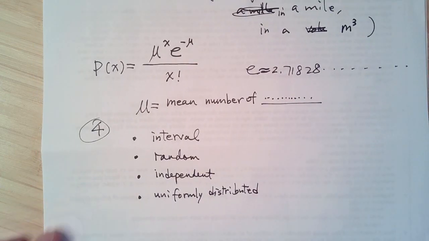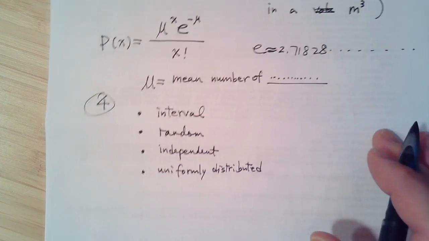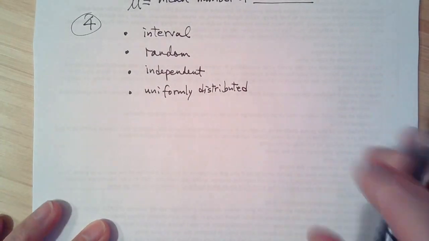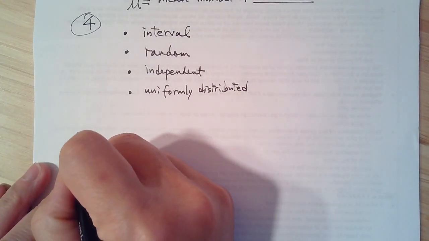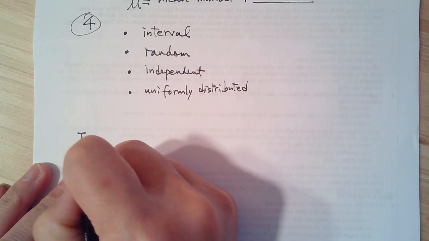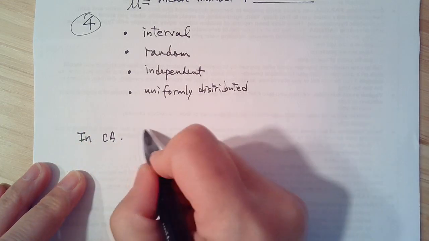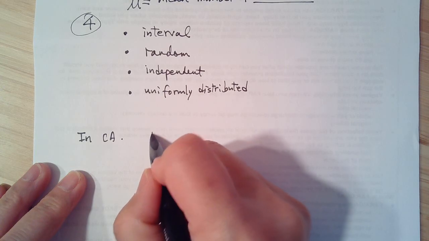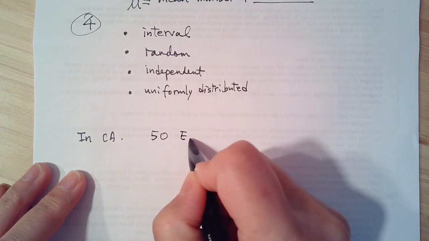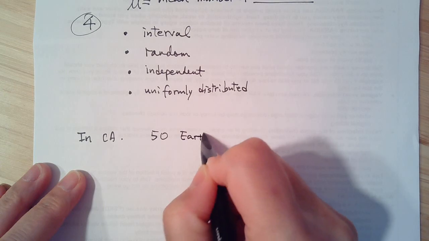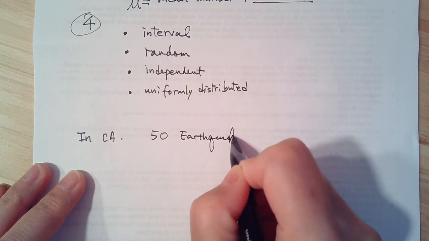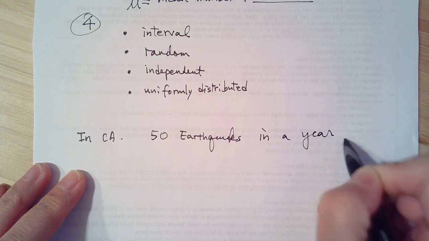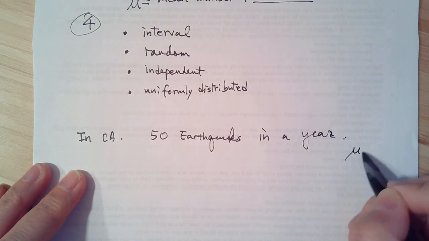Now let me give you an example. Say in California, on average there are 50 earthquakes in a year. So mu is 50. A year is a time interval.